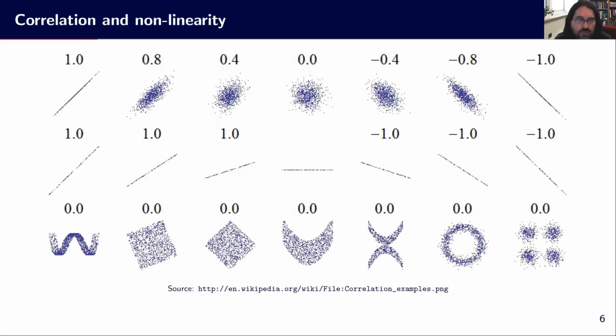If we look at some sets of points, data sets, we can see here on the top different normal Gaussian distributions with their associated correlation values. If we have a correlation of 1, it's pretty much a line of points at a 45 degrees angle.